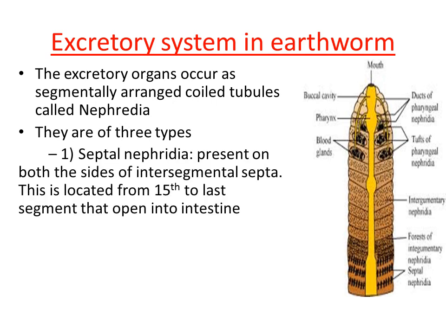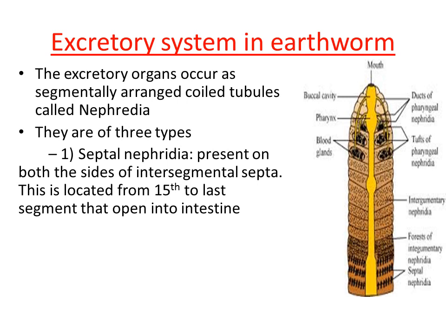One type of nephridia is septal nephridia. The name itself suggests the position of the nephridia in the earthworm, right? Septa is nothing but the cross wall. That means where one segment of the earthworm connects with another segment, that common wall is called the septa, right?